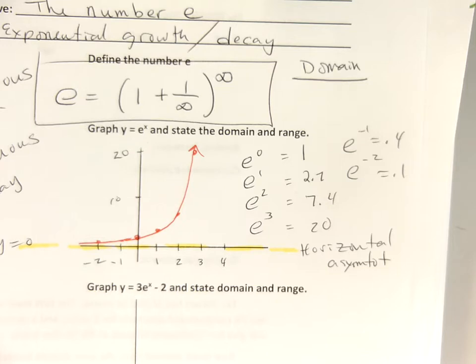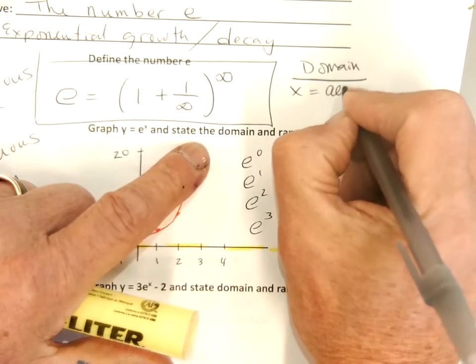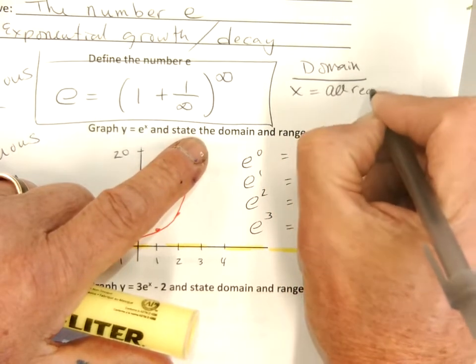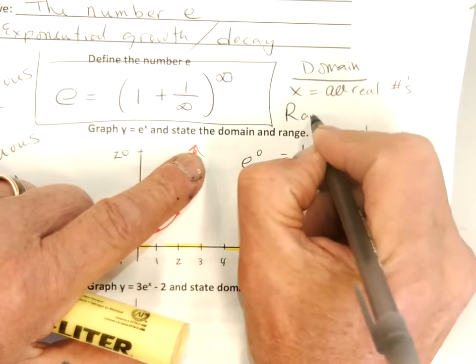And not only that, I can plug in anything I want. You guys agree? So domain is, what are the x's? Anything I want, or all real numbers. So domain's easy. Domain is simply x equals all real numbers.